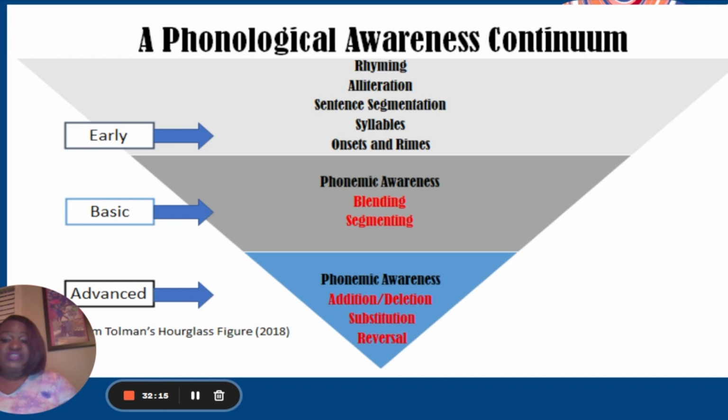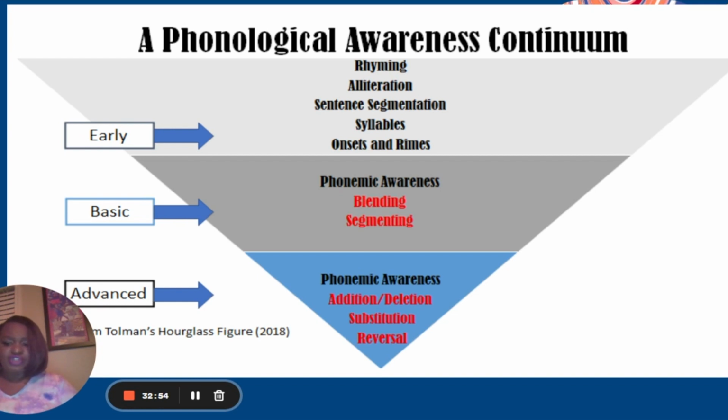We start in the early part of this continuum when we engage our students in activities that require them to rhyme, identify alliteration, segment sentences into their spoken words, give us the number of syllables in words, and identify onsets and rimes in spoken words. Again, all of those are oral or auditory activities.